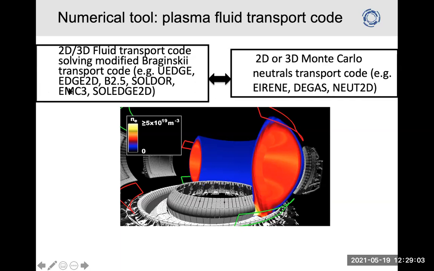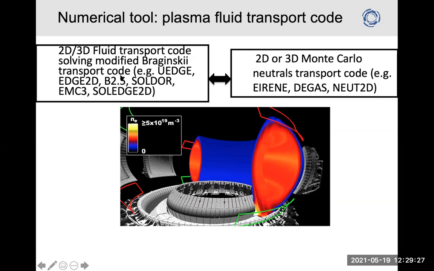EMC3 is a fluid transport code version that has been developed in order to be able to describe a machine like a stellarator that's intrinsically 3D. And SolH2D is a code that started as PhD projects with a different approach in France.